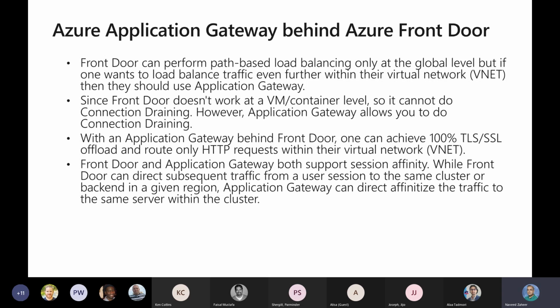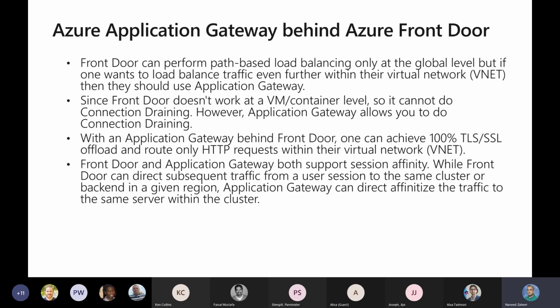Just keep in mind that some of the things that we take for granted with App Gateway, like connection draining, rule-based, route-based routing, and things like that, are not a part of front door. It is a service that is there to address a different scenario.